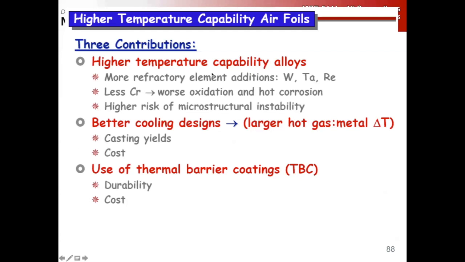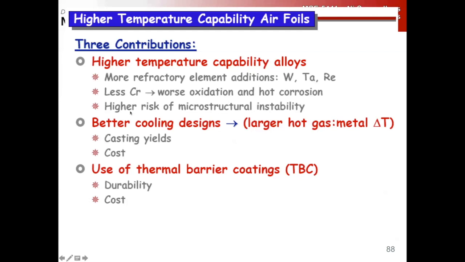We can add more refractory elements, right? Tungsten, tantalum, and rhenium. But my God, rhenium's expensive, right? We can remove the chromium to stabilize the gamma prime at higher temperatures, but then we run into hot corrosion problems, right?